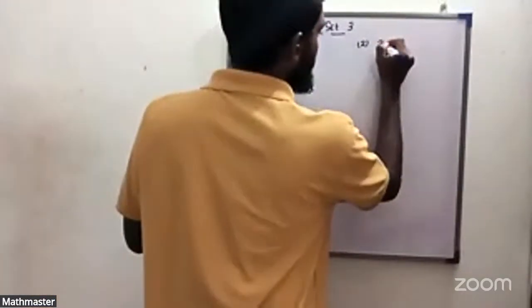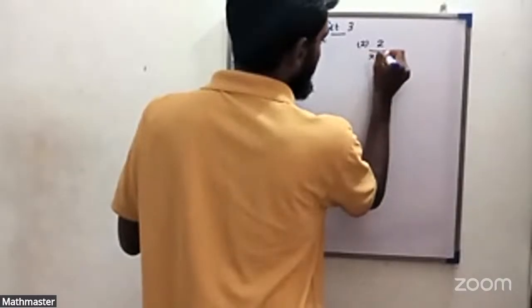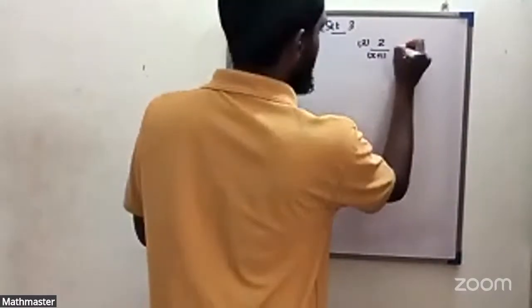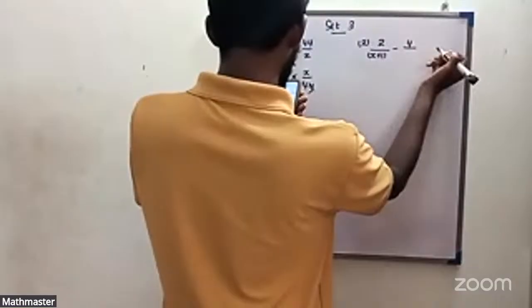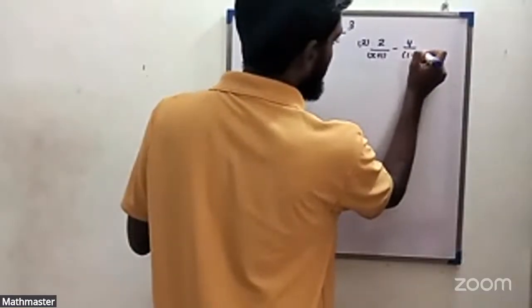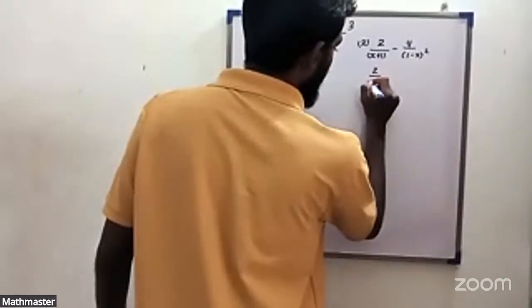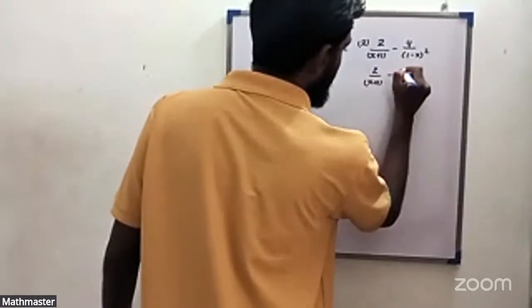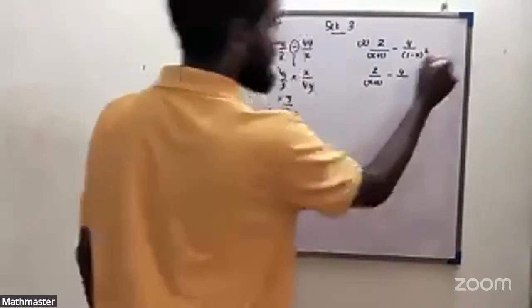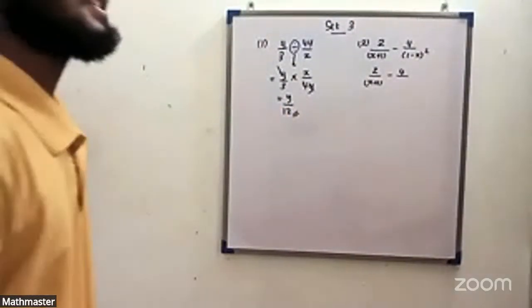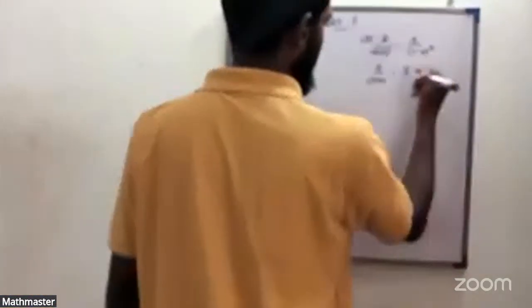2 over x plus 1 minus 4 over 1 minus x squared. 2 over x plus 1 minus 4 over 1 minus x squared. So you can write this as what? As a difference of squares, right?